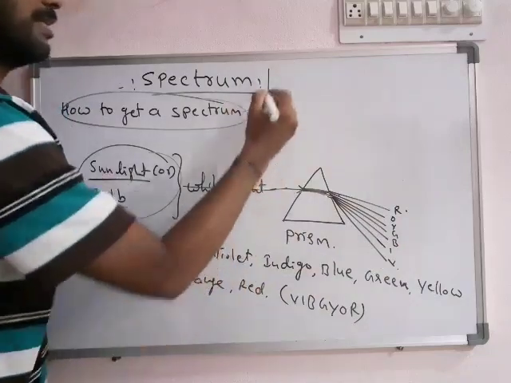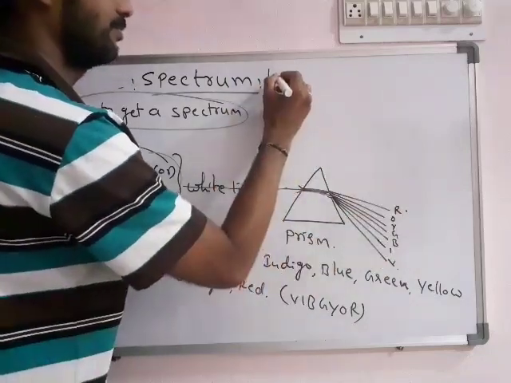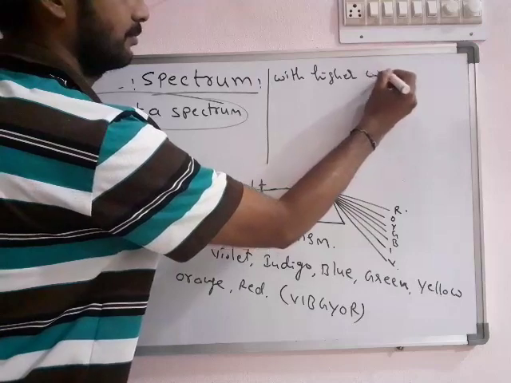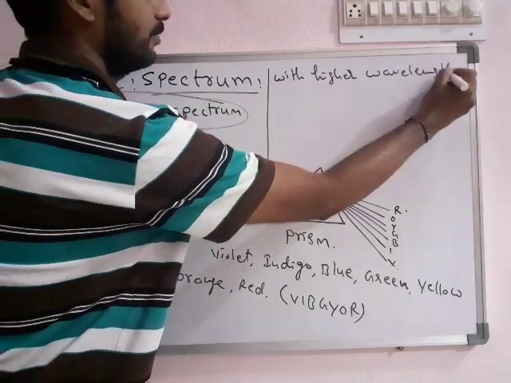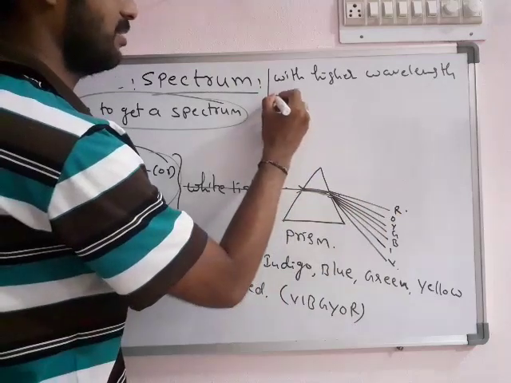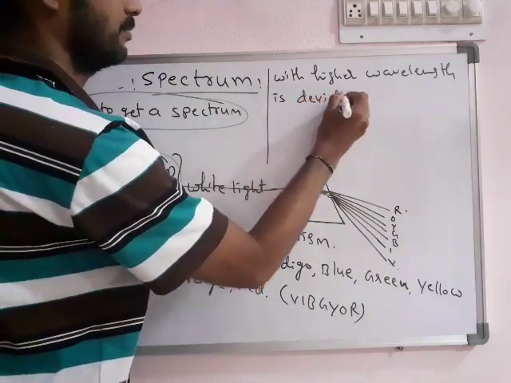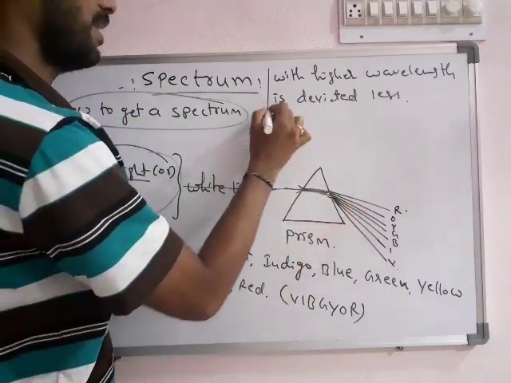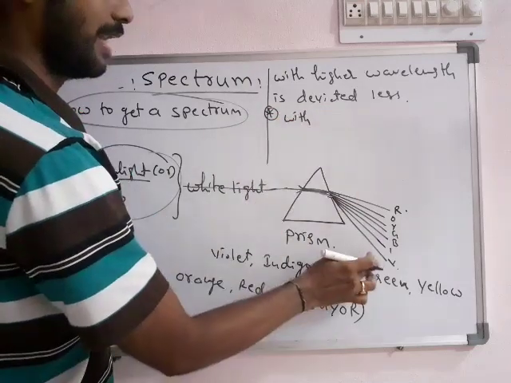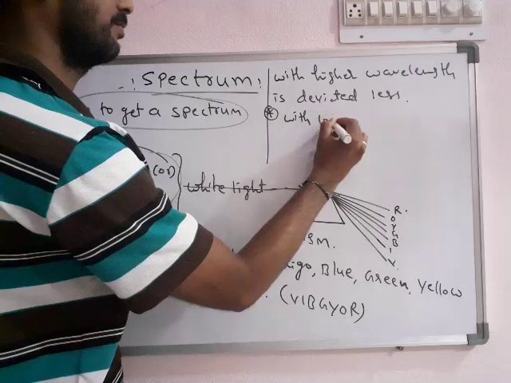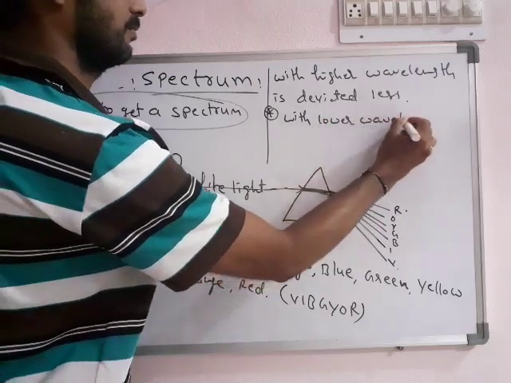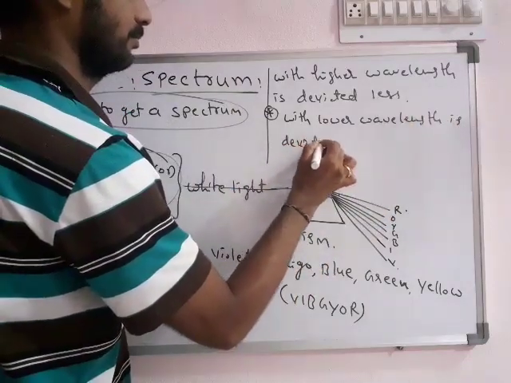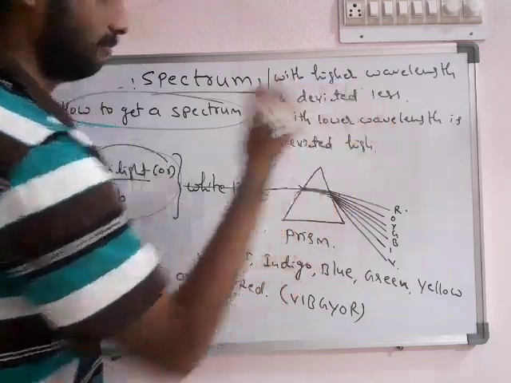Means here we can conclude that the light with the higher wavelength is deviated with less angle, whereas the light with the lower wavelength is deviated very high.